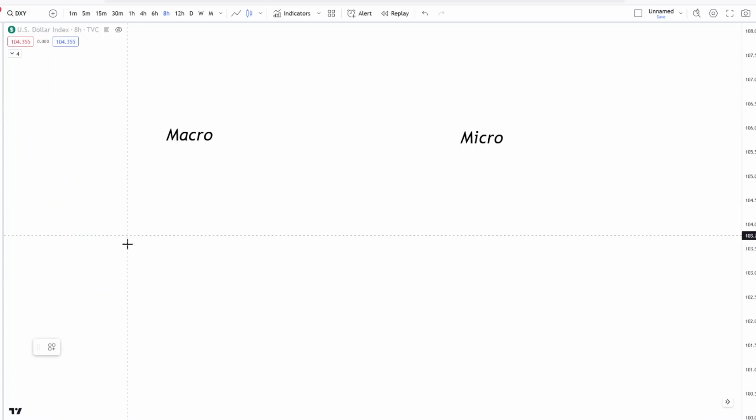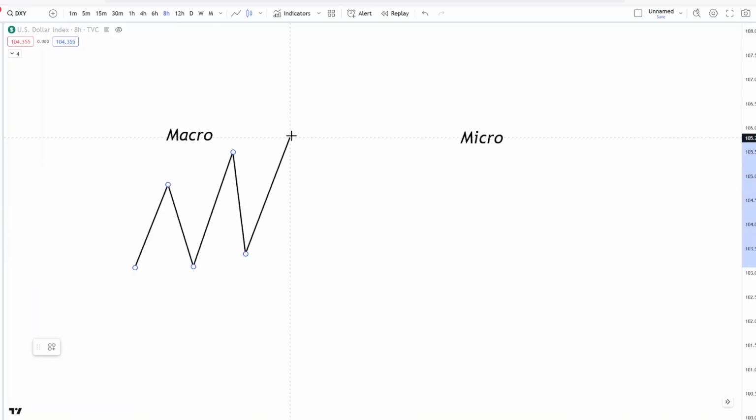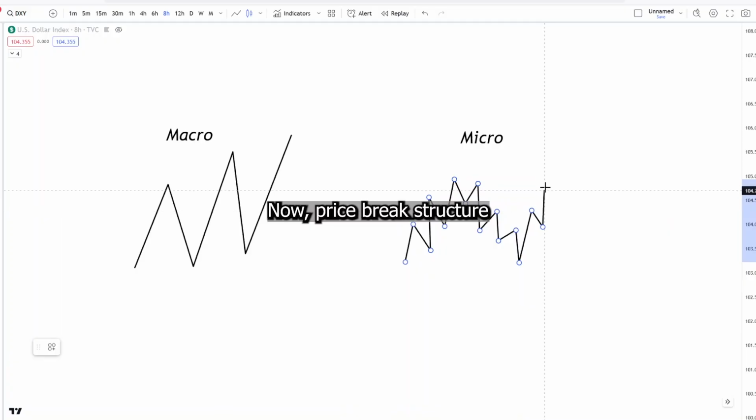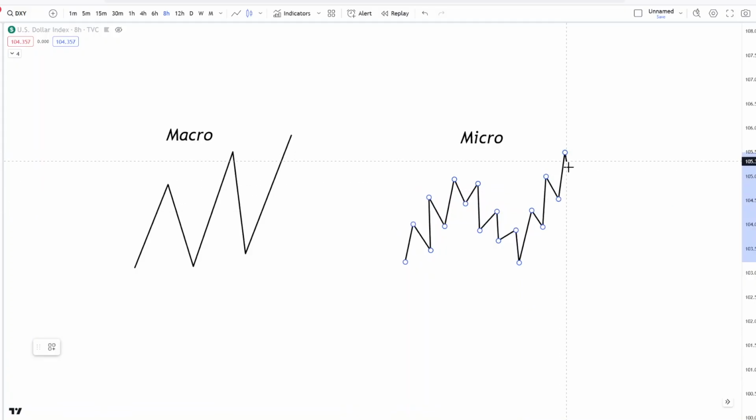So your macro would be, let's say you have a break of structure here and price comes back inside the range and a rejection. This would be a representation of your macro. Your micro, on the other hand, would be something like this. Now, price breaks structure and comes back inside of the range.